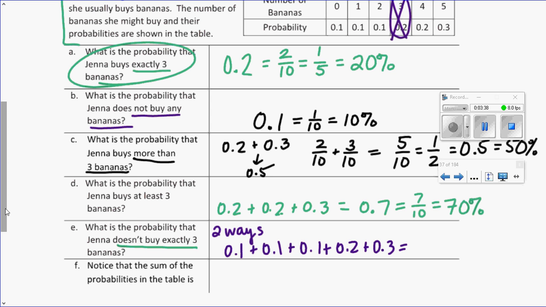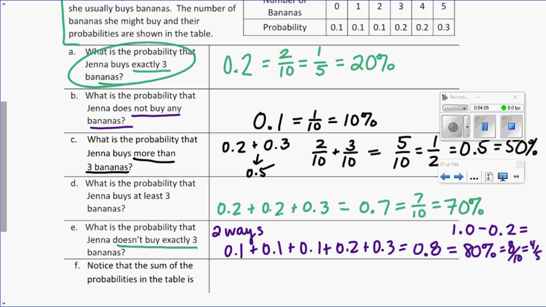And if you add all those up, you get 0.5, 0.6, 0.7, 0.8. Did you get 0.8? There's a much quicker way, because if there's a 0.2 chance that she will buy 3 bananas, you can just subtract that from 1 whole. 1.0 minus 0.2 is also 0.8, which is 80%, or 8/10.